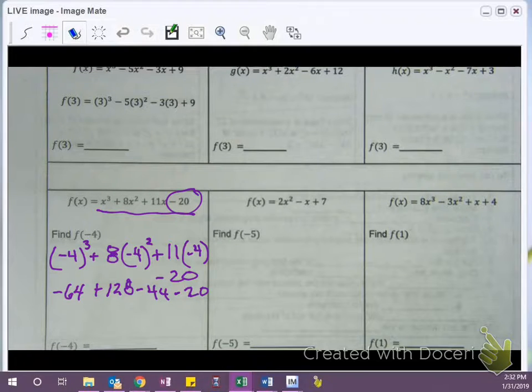You've got to stop wasting time so we can get finished. Number sense. I have 3 negatives and a positive. I want to add those negatives up and see if they equal the positive. So, -64 plus -44 is -108. Minus another 20 is -128. And positive 128 and -128 is 0.